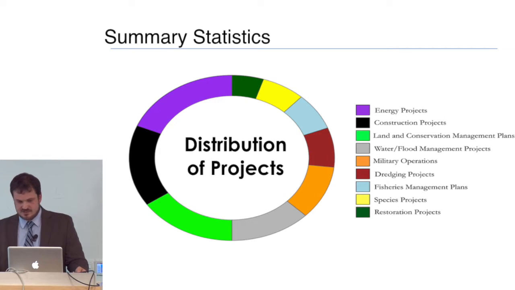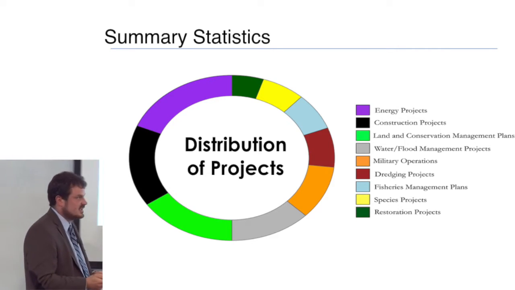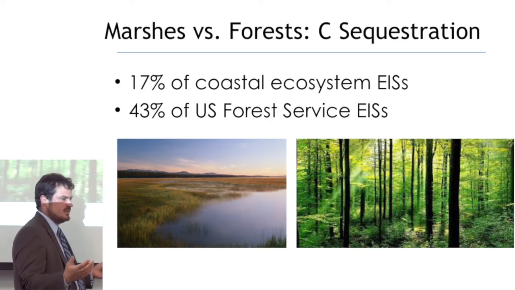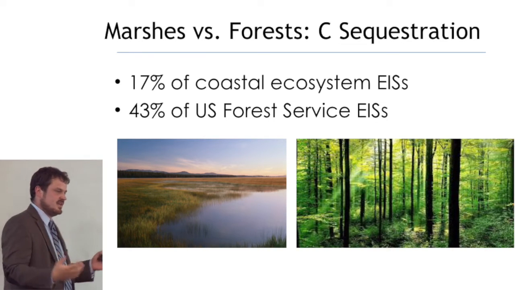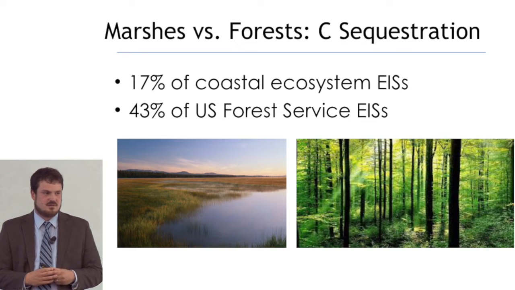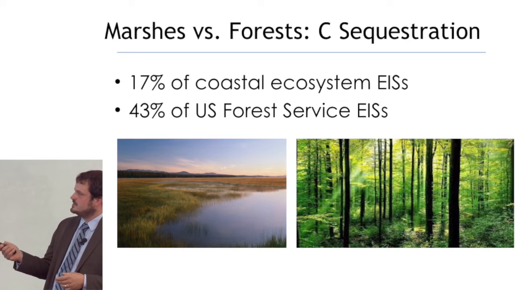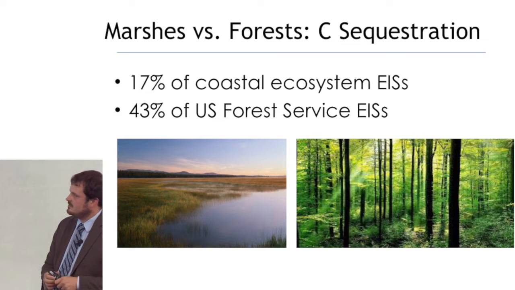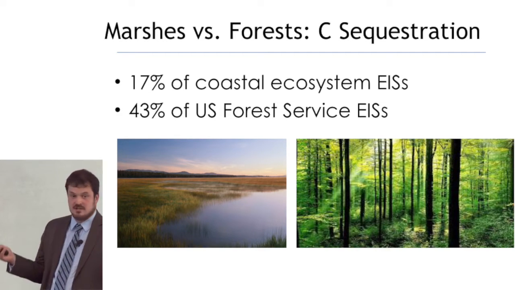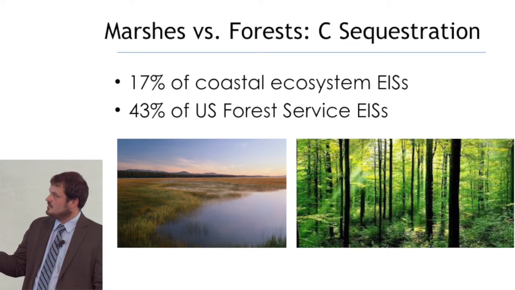Now, one thing that's interesting before I talk to you about the hypotheses and the results is comparing blue carbon to forest carbon, right? Many people think about forests as a stock of carbon, as carbon sinks. So I took a stratified random sample of all of the US Forest Service environmental impact statements from the exact same time period, and I looked at whether carbon sequestration was considered in any way within environmental impact statements in the coastal zone compared with forests.